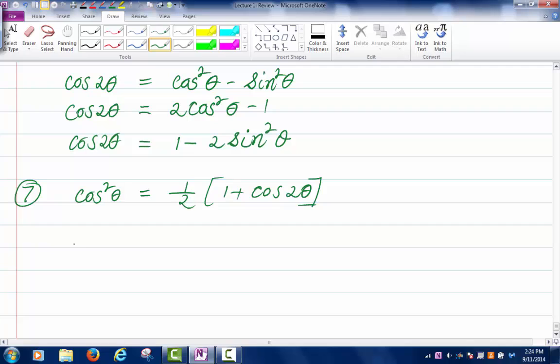And if I solve for sine squared from the third equation, I get half of 1 minus cosine 2 theta. Is everybody okay with that?